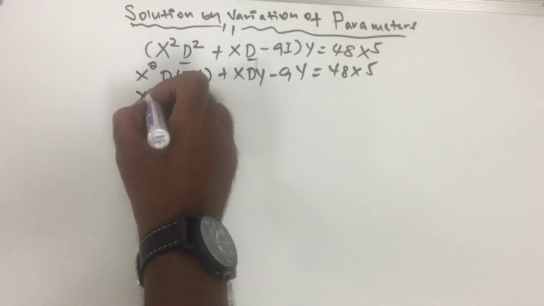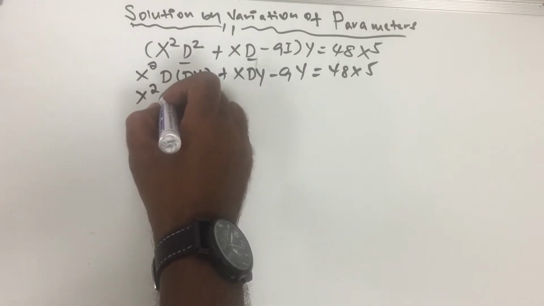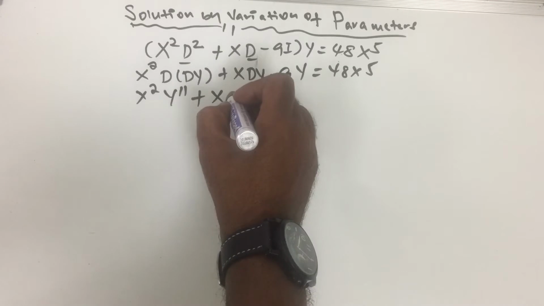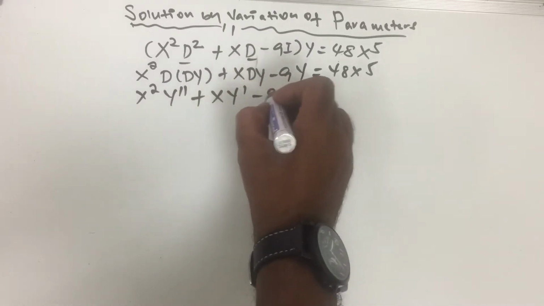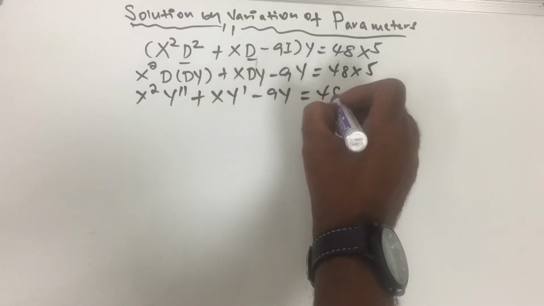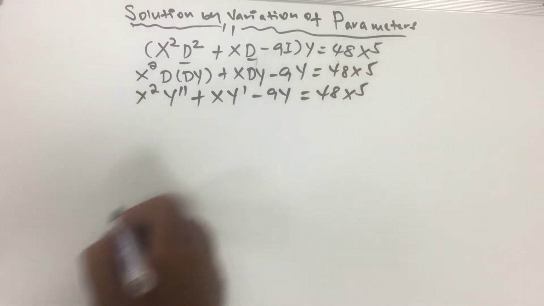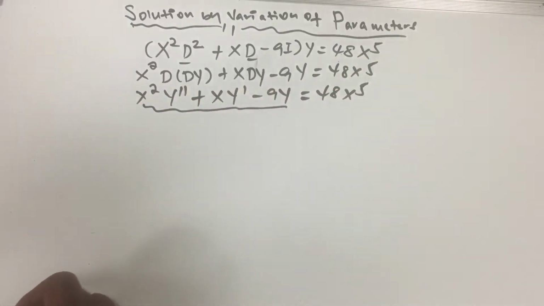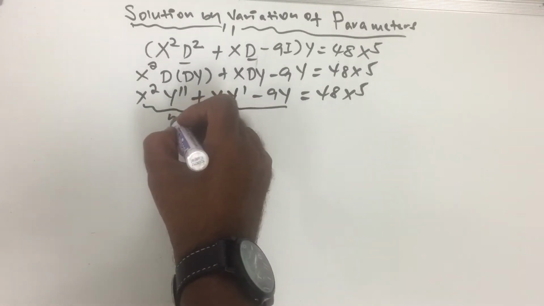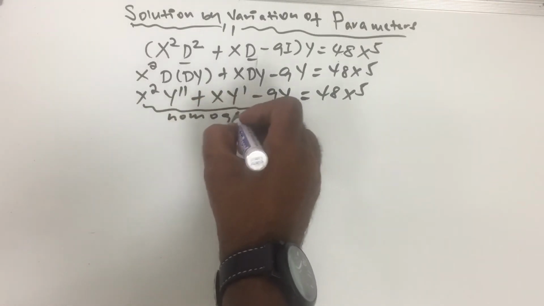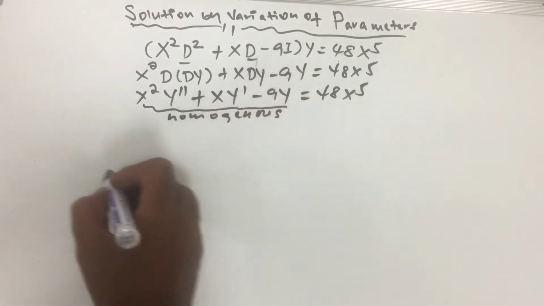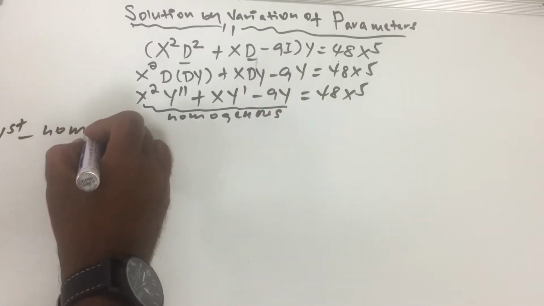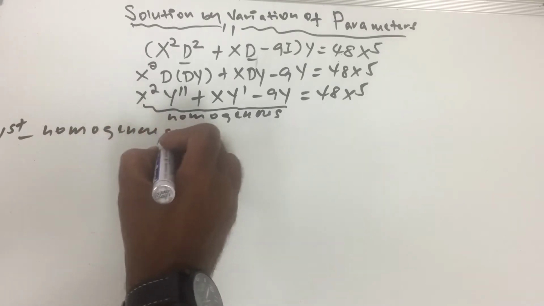So this is nothing but simply x squared times the second derivative of y plus x times the first derivative minus 9y equal to 48 x to the power of 5. Now we are good to go. We have the homogeneous part here. In the first step, we solve the homogeneous part.